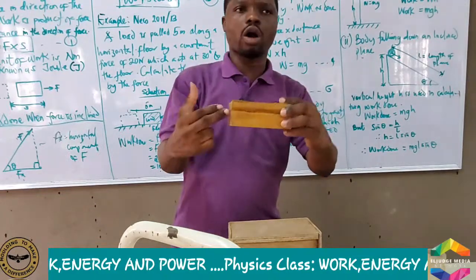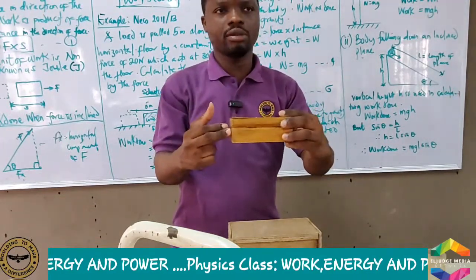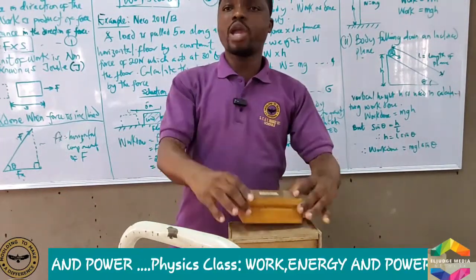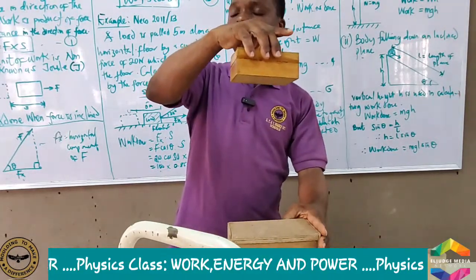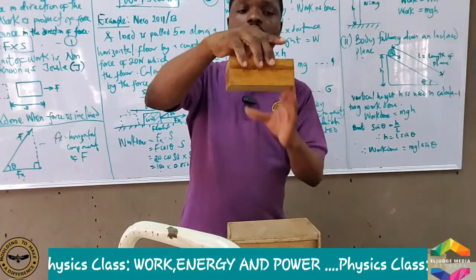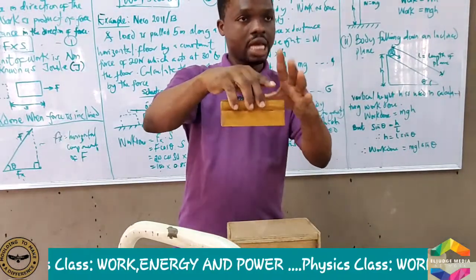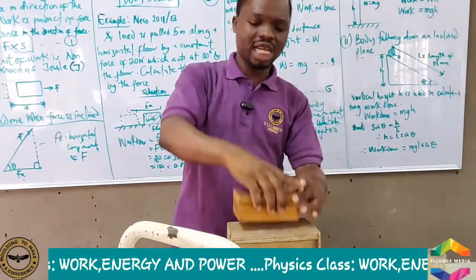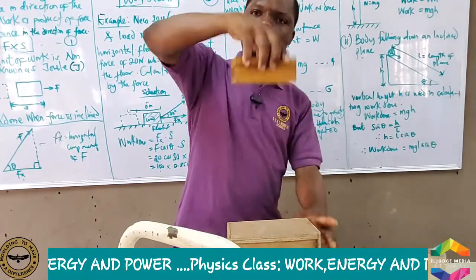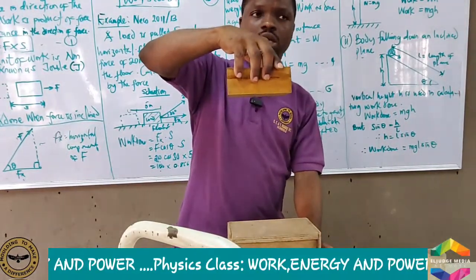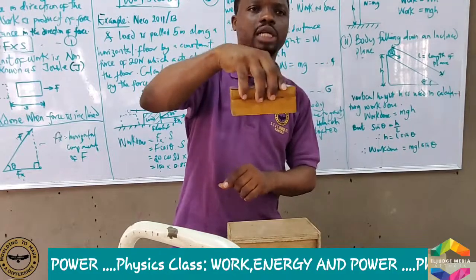I have done work against gravity. When you are lifting a body in the gravitational field, you have done work against gravity, and the force that was applied in overcoming the gravitational force is equal to the weight of this object.